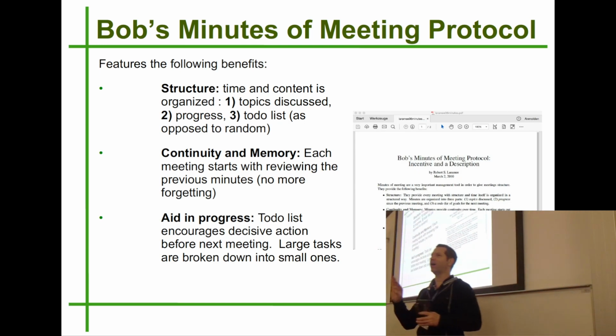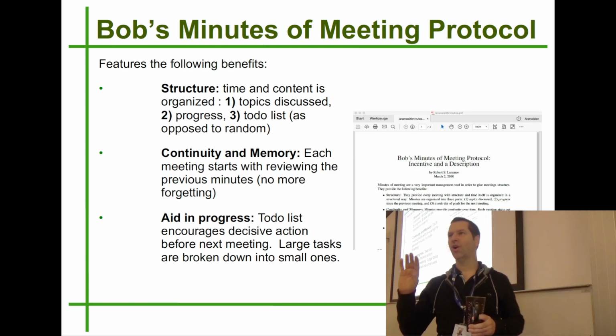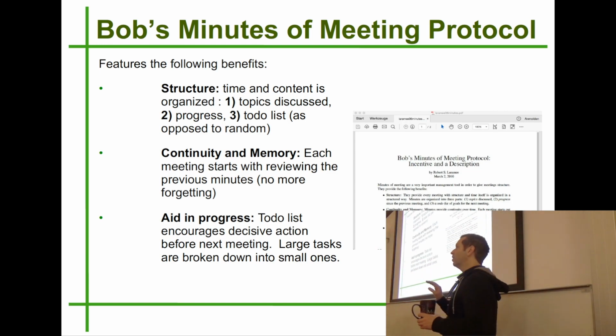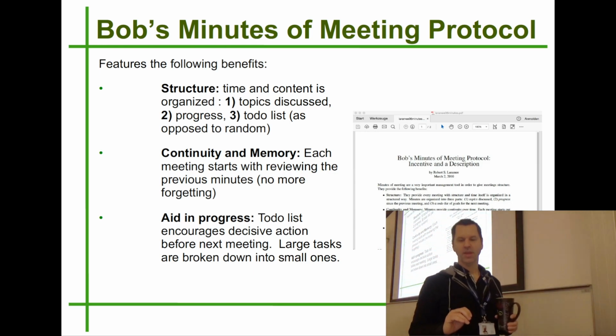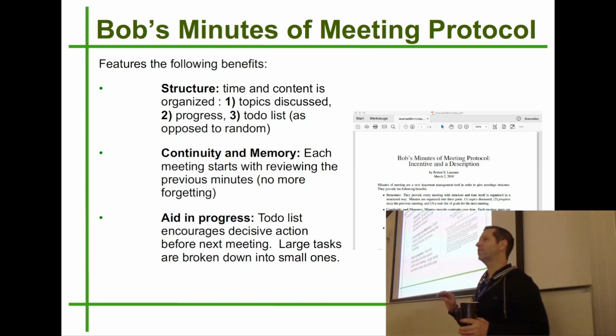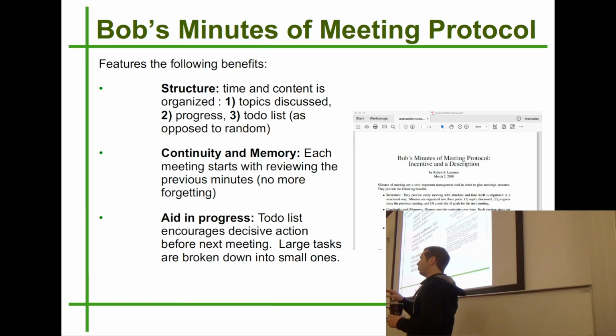There are 3 parts. One part is called the topics discussed. So you're just writing down a list of those topics that you discussed during the meeting. It's pretty easy, right? It has a progress section. So in that section, you're writing down the progress that you made or someone else made, whoever's in the meeting, since the last meeting, right?